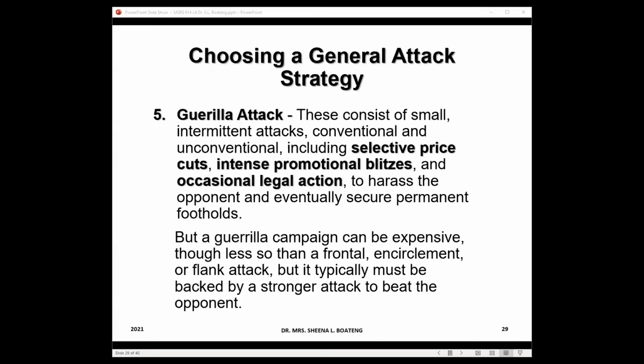But when that competition becomes unfair, then it's unethical. And when the firm resorts to illegal means to gain this edge, then it is not acceptable. And it is unhealthy competition. And therefore, it has to be checked.